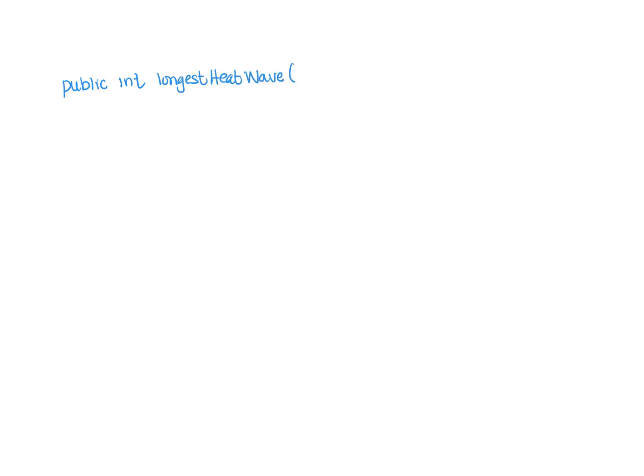And we have to pass in the threshold that we're concerned with. So at first, we're going to take our current length and set it equal to 0. And we're also going to do our max length and set it equal to 0.